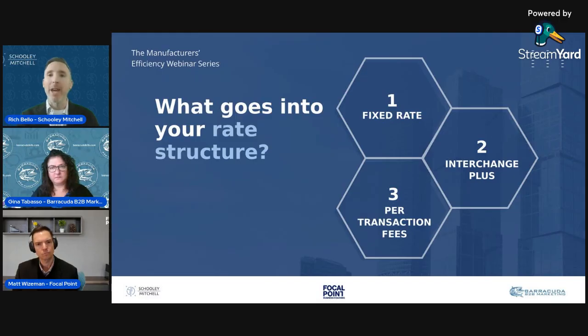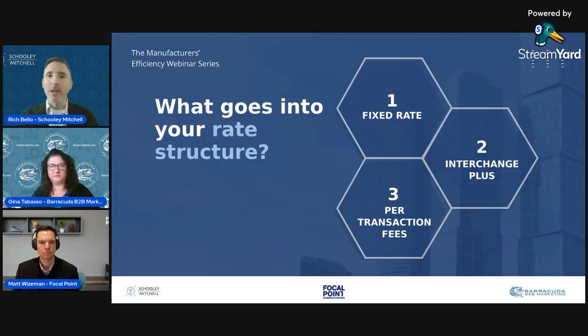Say 3% is your fixed rate. Say you do 100,000 in credit card sales in that month. You pay 3,000 to the processor for using their platform to accept payments from your customers.